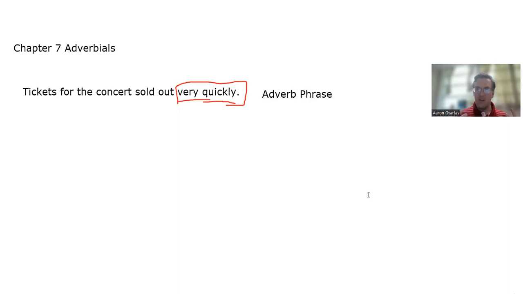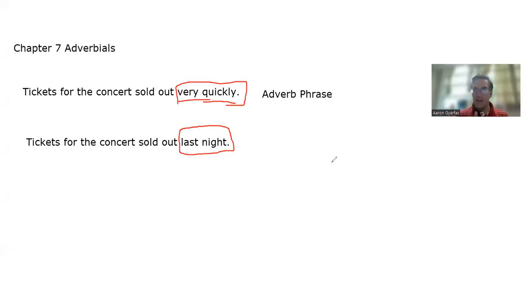But what is that doing? Again, the function of that adverb phrase is to modify the verb, sold out. What if I had something different? Now I've got the same basic sentence, but instead of an adverb phrase modifying sold out, I've got the phrase last night.